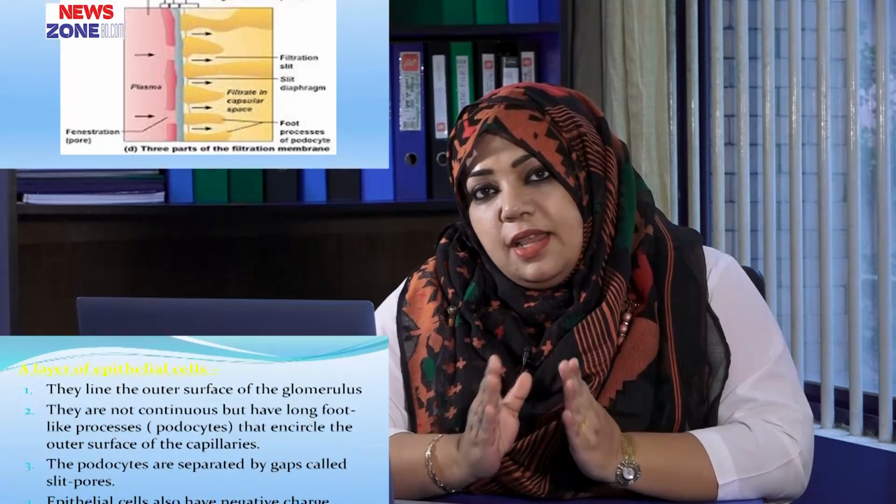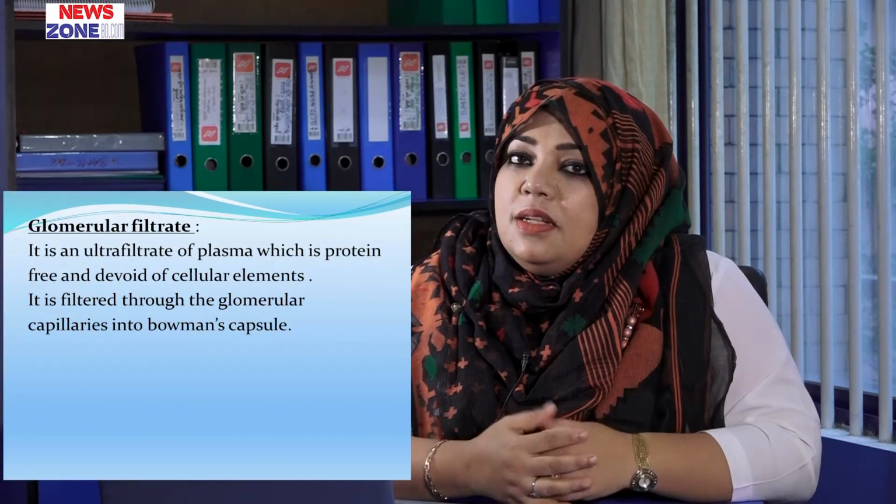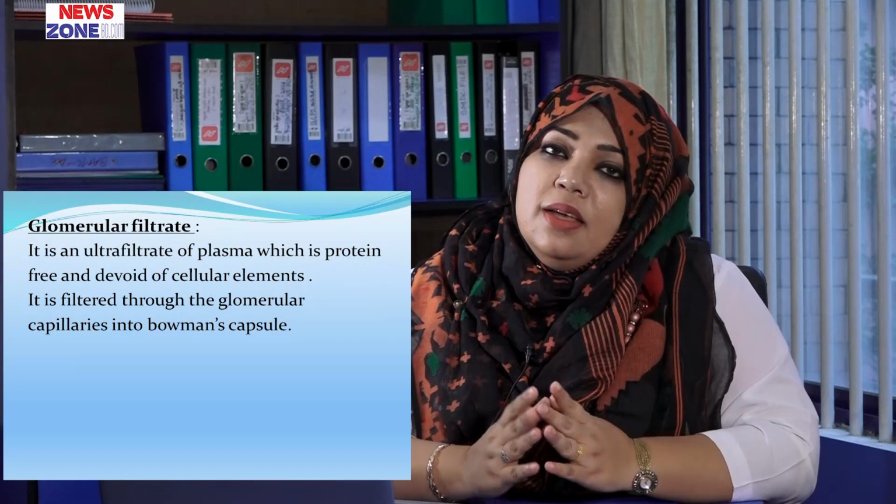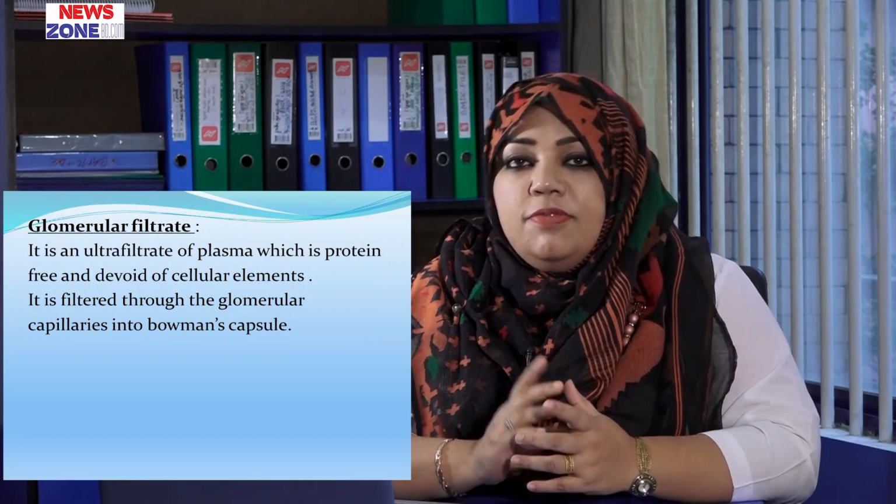So the three layers of the glomerular capillary membrane, all of them have a negative charge, and this prevents the filtration of plasma proteins. So this repels the plasma proteins, and in normal physiological conditions, plasma proteins are not filtered. So next, the substance that is ultimately filtered through this membrane is known as glomerular filtrate.